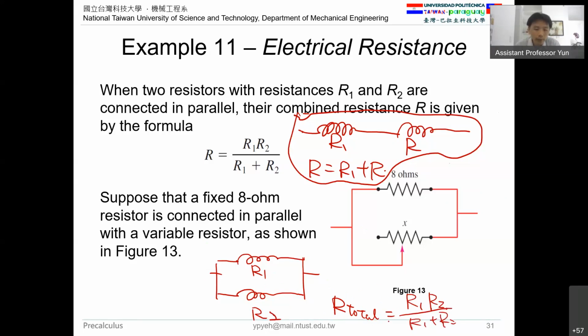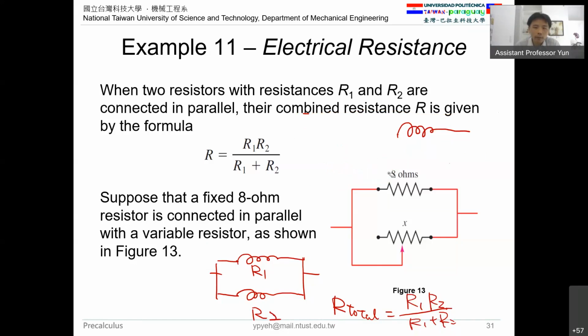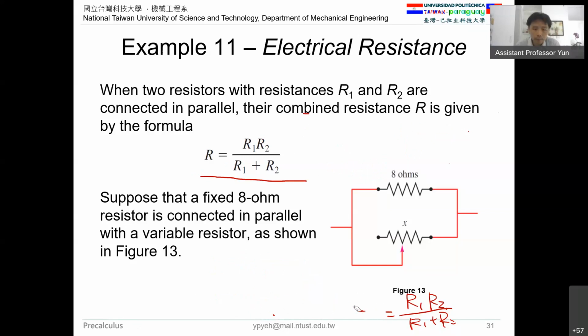So this is quite easy to make sense of for the total resistance. It depends on how you connect these resistances. In the case of the parallel connection, the function is equal to R1 times R2 divided by R1 plus R2, so they will form this function here.